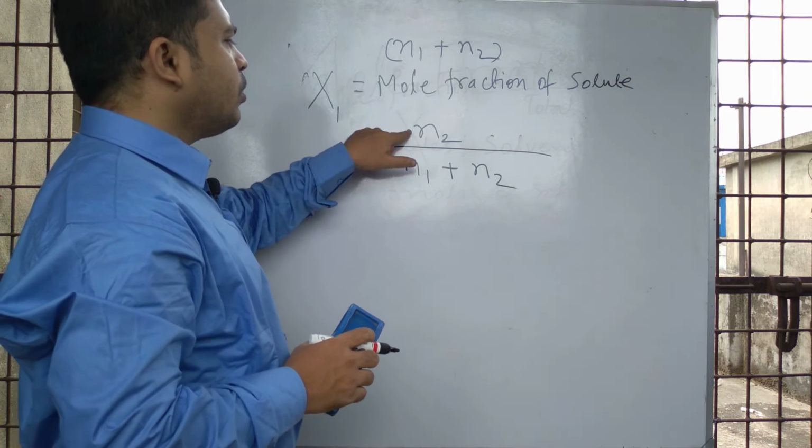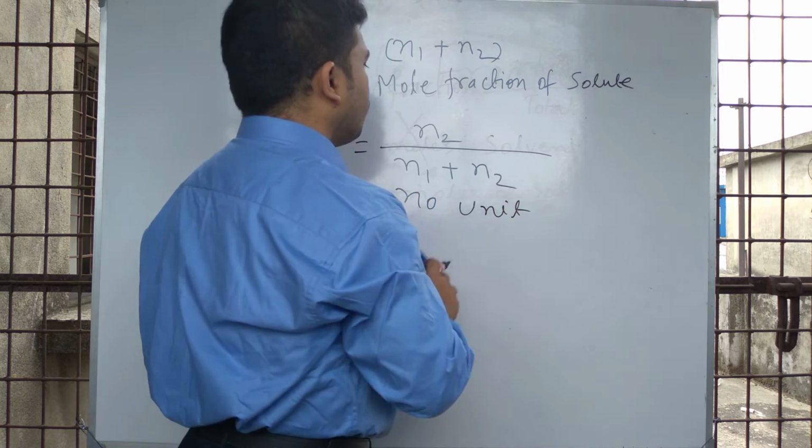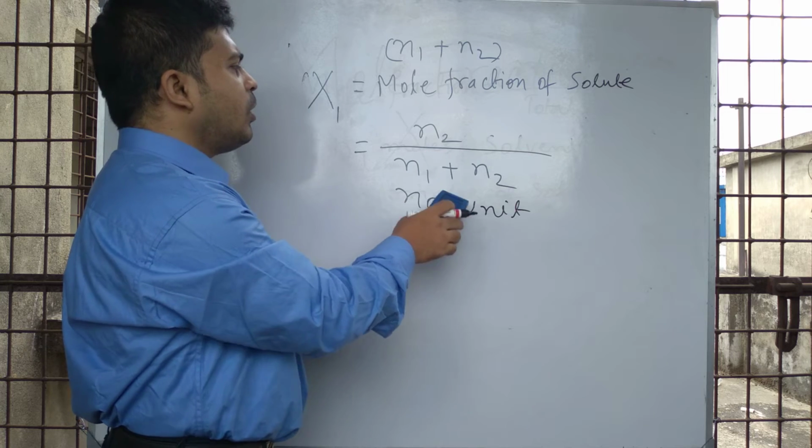It is a ratio, and it has no unit because it is the ratio of similar quantities.